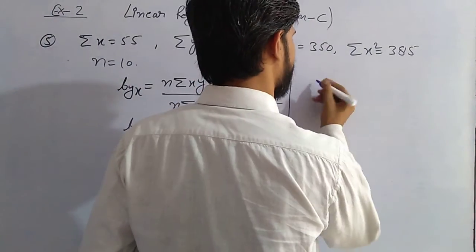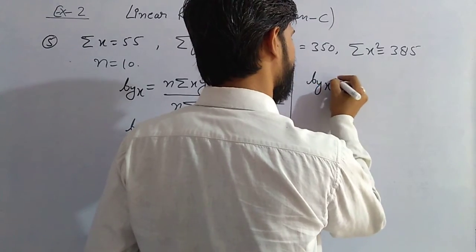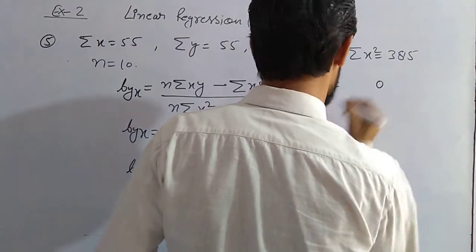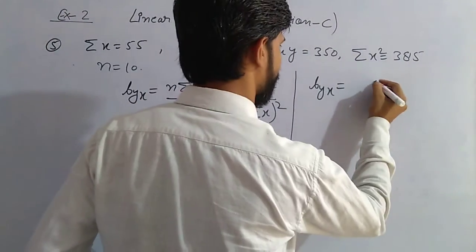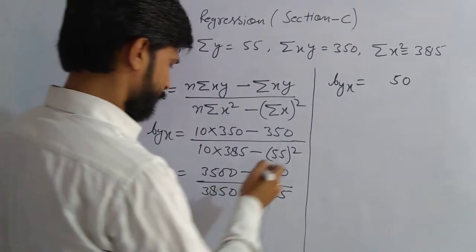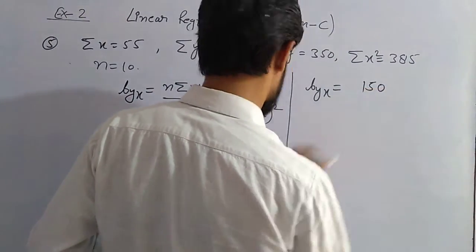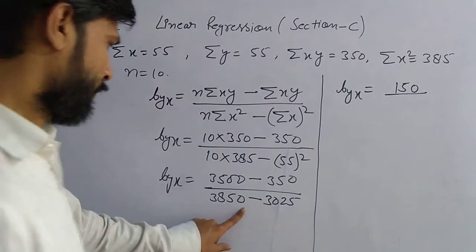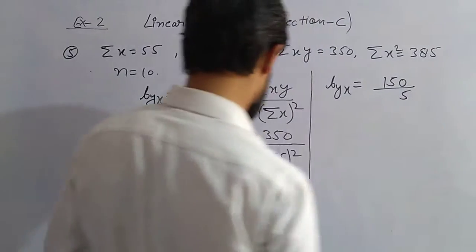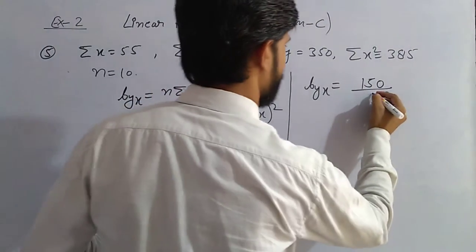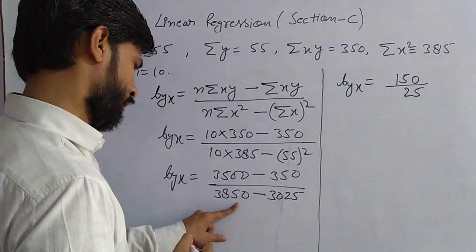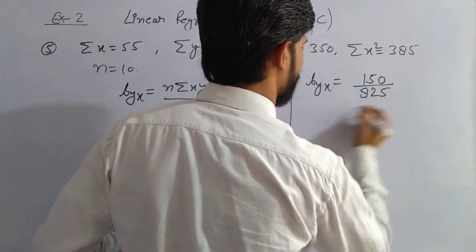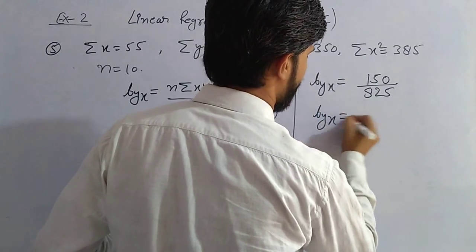Then we get the value of Byx is equal to 150 upon 825.